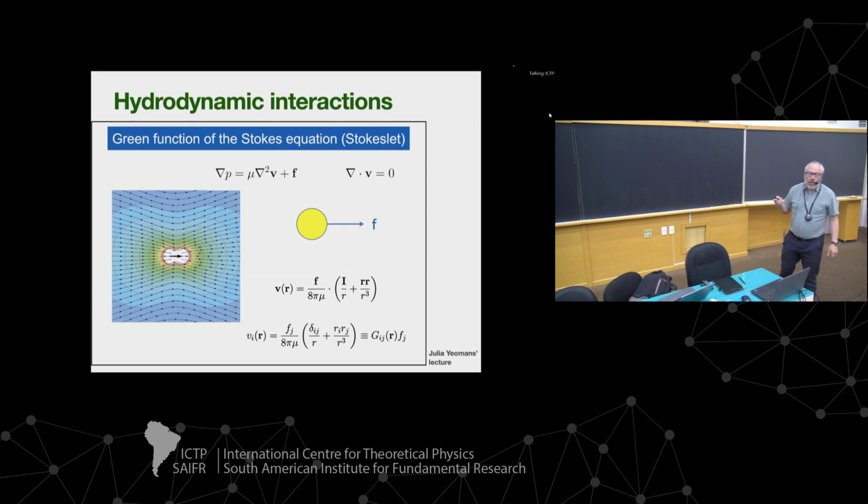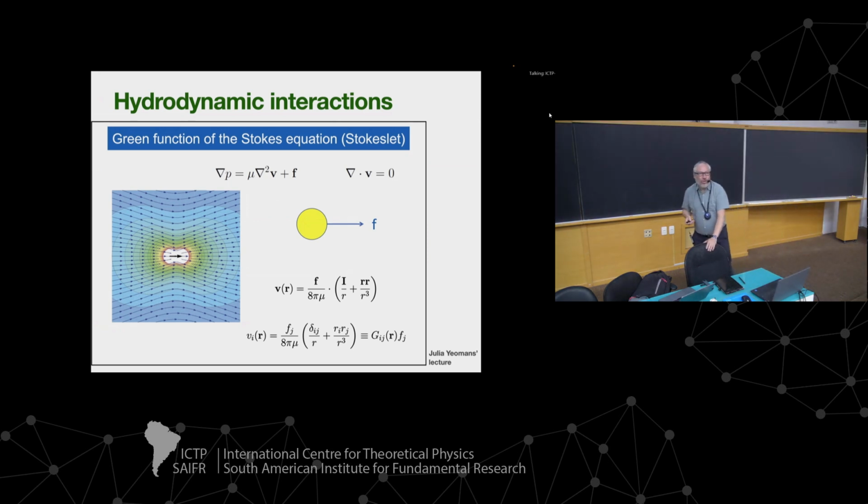Here mu is the viscosity. I kept the notation mu; other people use eta. And you have some additional forces, which are going to be those generated by bacteria, typically. This equation is complemented by the incompressibility condition of the flow.